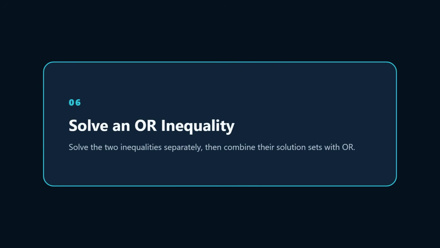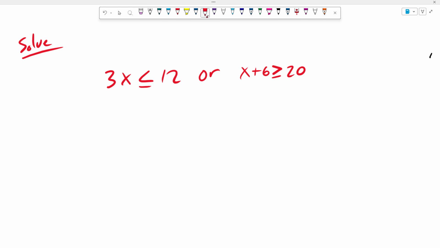Is this an OR or an AND compound inequality? OR, definitely, we see the word or. So solutions are all the solutions to this, or solutions to this. For each of these we've got to do a tiny bit of work. What do we do? Divide by 3. Subtract 6. 14. Okay.